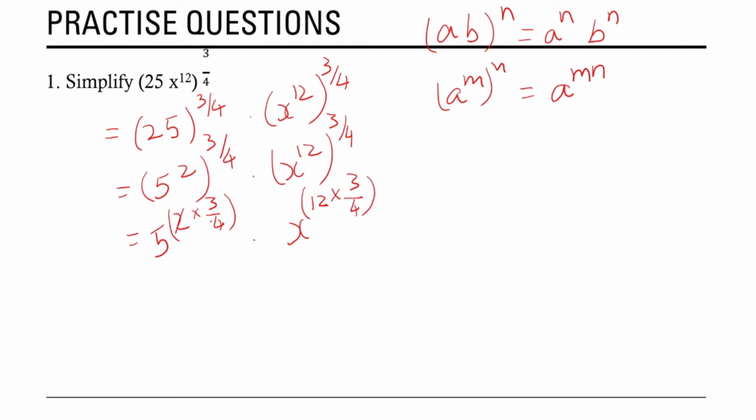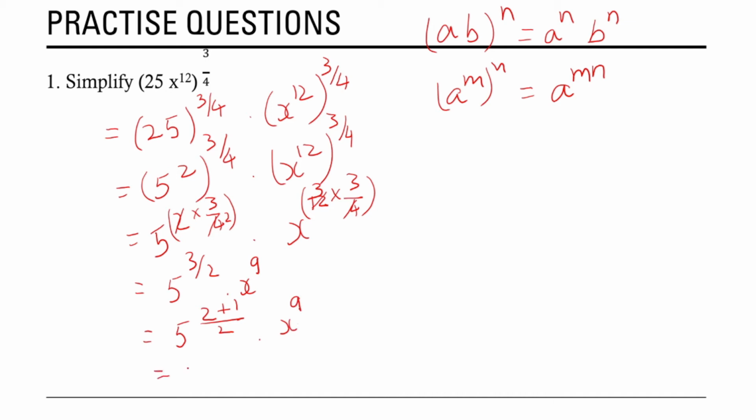So here we can perform ordinary multiplication and division. So we get 5 raised to 3 by 2 into x raised to 9. I am writing this 5 raised to 3 by 2 as 5 raised to 2 plus 1 by 2 into x raised to 9.